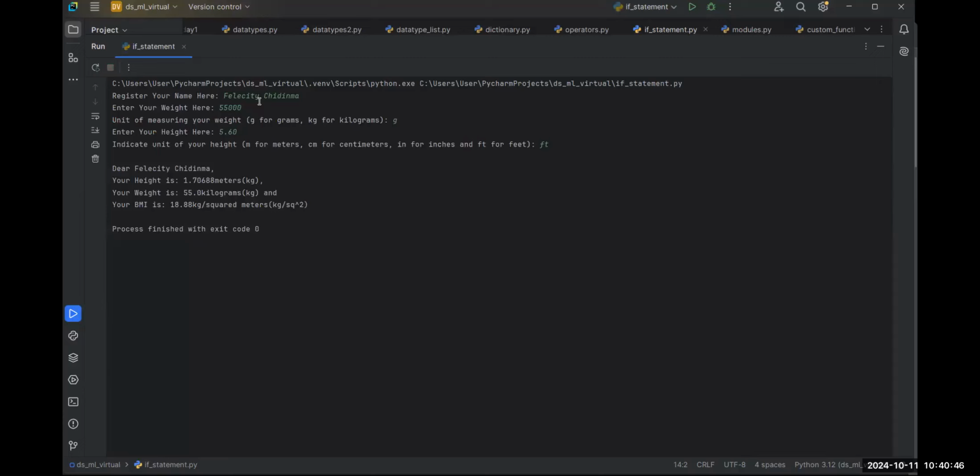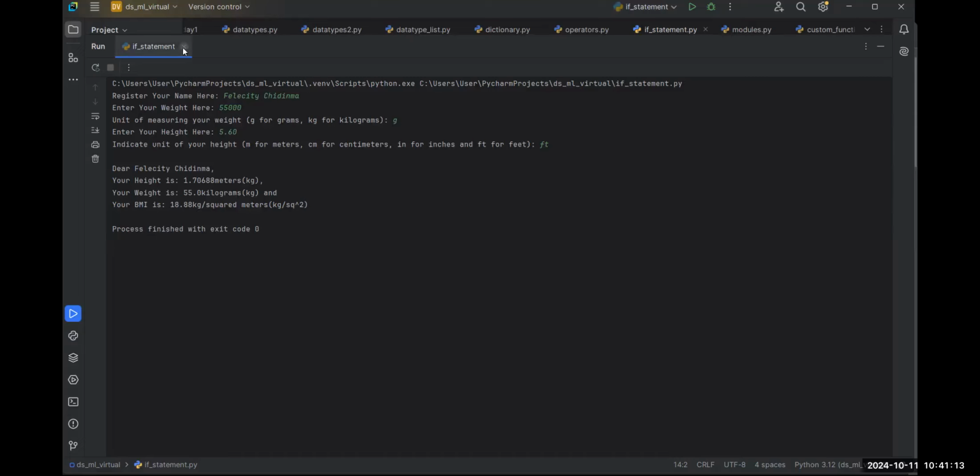Dear Felicity Chidinma, your height is 1.7066 meters, converting it from feet to meters. Your weight is 55 kilograms and your BMI is 18.88 kilograms per squared meter, right?